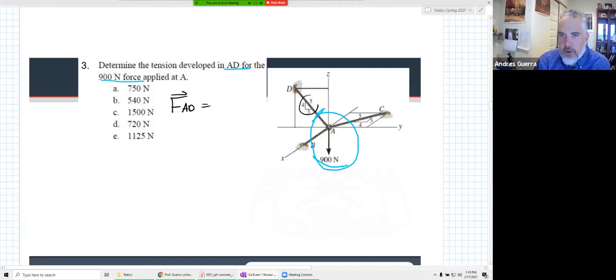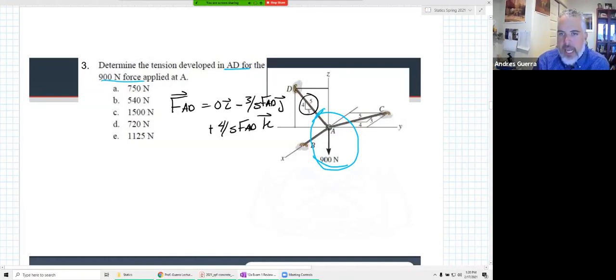AD is a 3, 4, 5 in the YZ plane. And so that's going to have a 0 in the I. It'll have a minus 3/5 FAD magnitude in the J, and then a positive 4/5 FAD magnitude, the magnitude of AD, in the K direction.